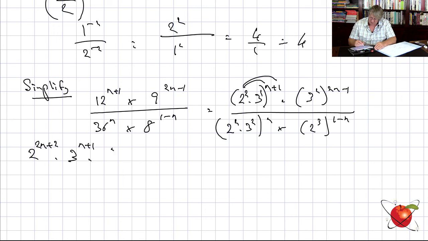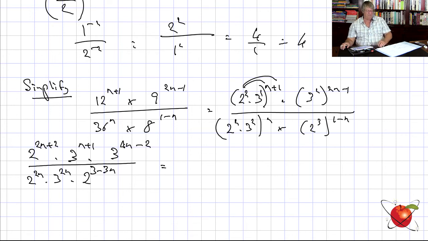Times 3 to the power of 4n minus 2, over 2 to the power of 2n and 3 to the power of 2n, multiplied by 2 to the power of 3 minus 3n. Okay, we've done that.